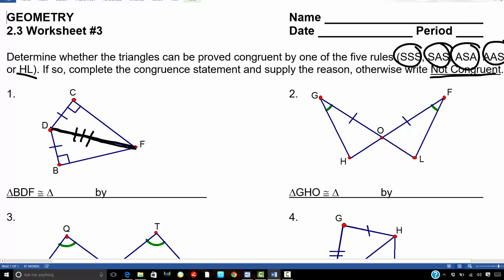So that's the hypotenuse of both of the right triangles. And they also have a leg that is congruent. So those triangles are congruent by HL. So triangle BDF is congruent to triangle CDF.